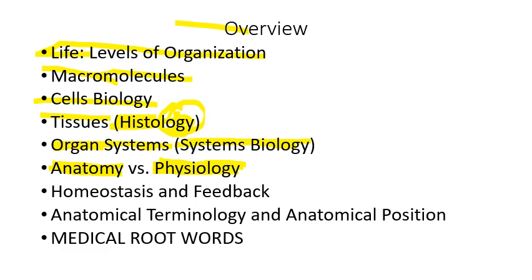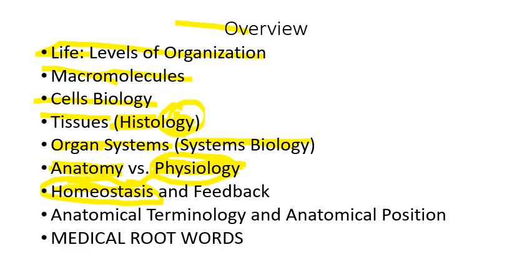Then we're going to discuss something called homeostasis. As it turns out, one of the branches of physiology is homeostasis. Homeostasis is the process by which the human body keeps certain things confined to certain levels. For example, human body temperature is controlled through various mechanisms to be around 37 degrees Celsius.